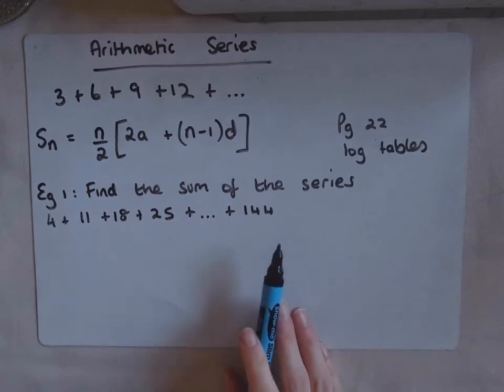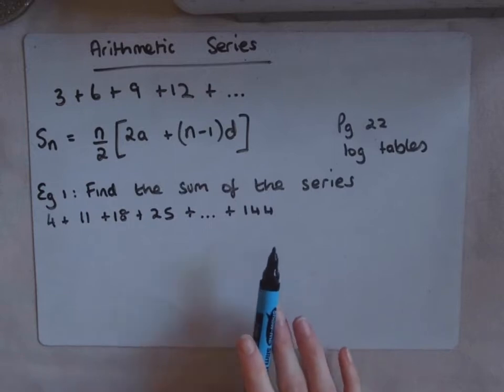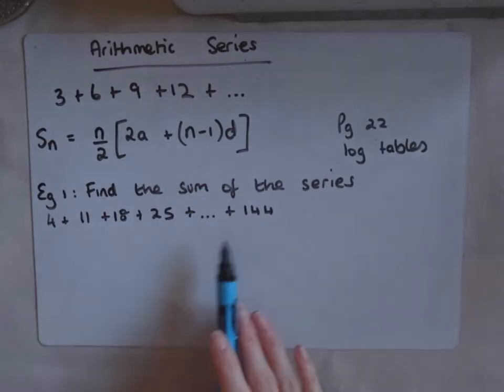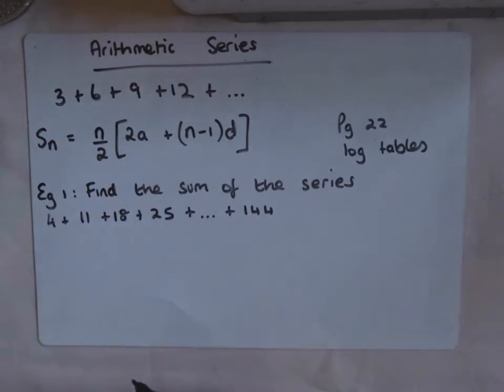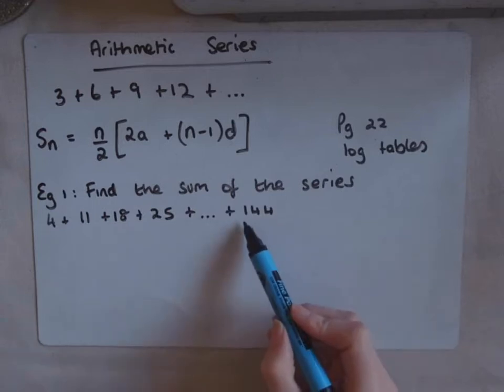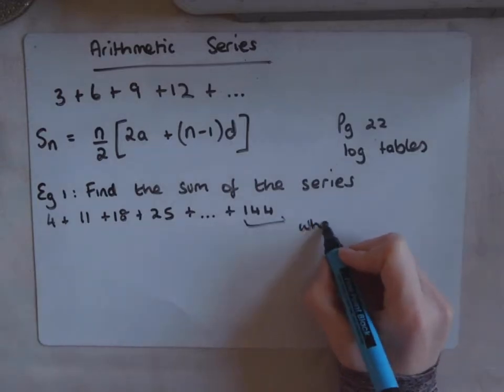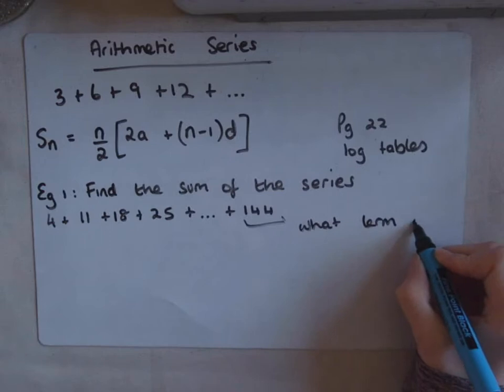So they're giving us the last term in our series. We want the sum of all of these added together, including this bit in the middle. Now, first of all, I'd need to find out how many terms are in the series. To do that, we're looking to find out what term number this is.